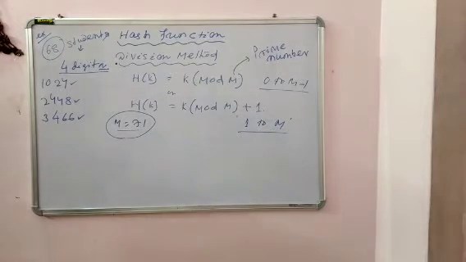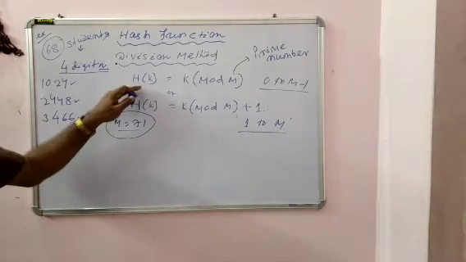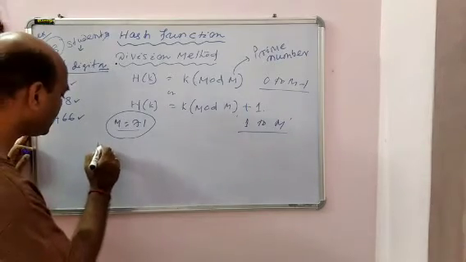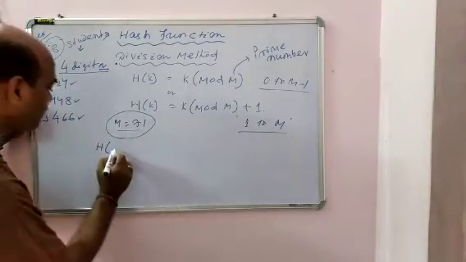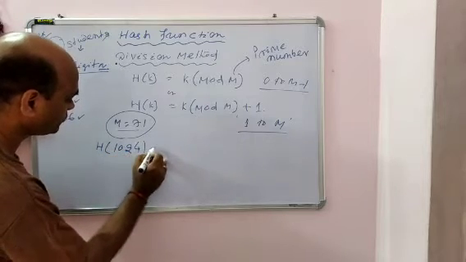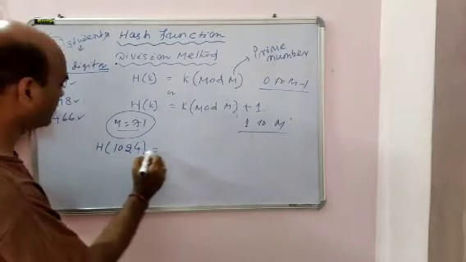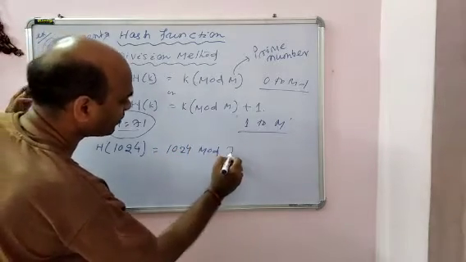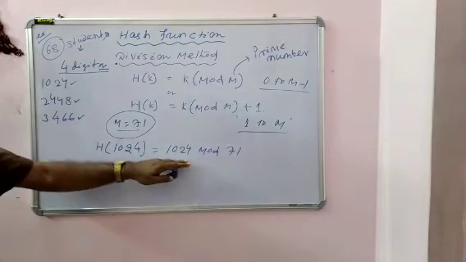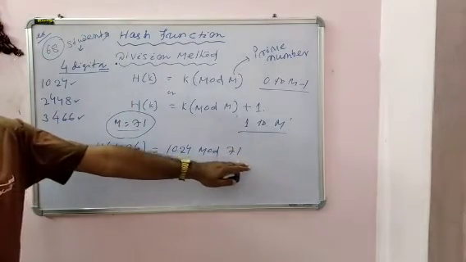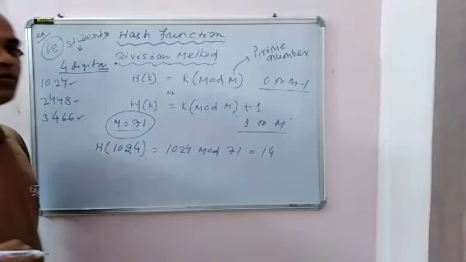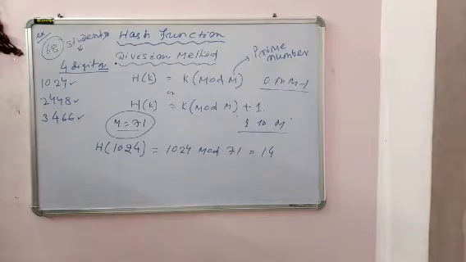Put the formula h(k) equal to k mod m. Suppose k is 1024. Then h(1024) is 1024 mod 71. Divide 1024 by 71 and the result, which I have already calculated, is 14.